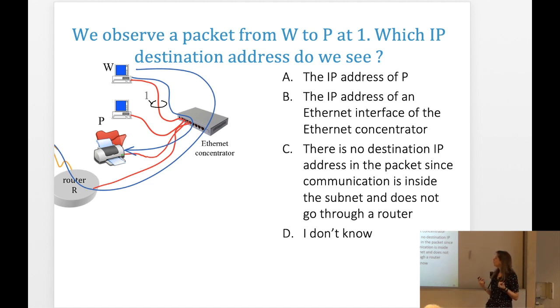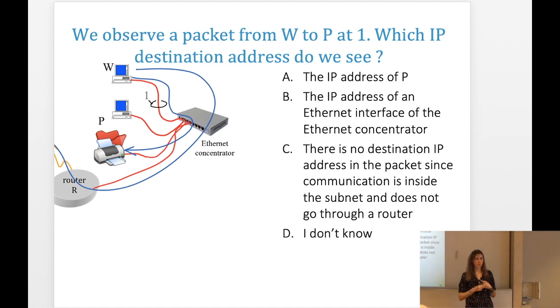Who thinks it should be the IP address of the printer? Okay. Who thinks it should be the IP address of the Ethernet concentrator? No one, okay. Who thinks there is no IP address because anyway we don't use IP but just MAC?